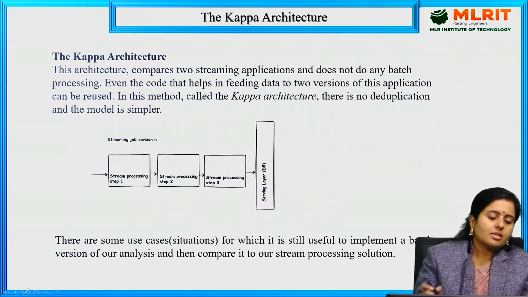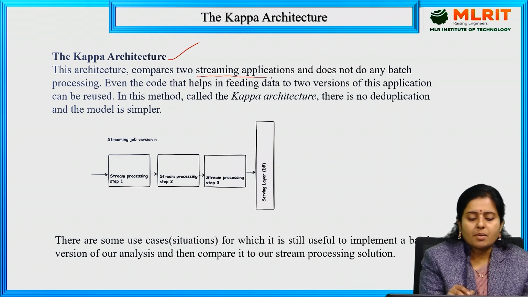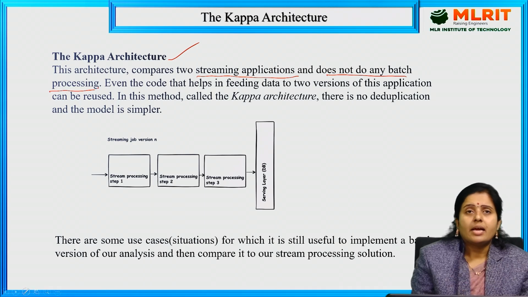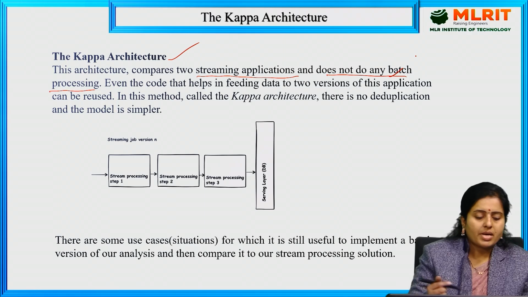Now we'll discuss the Kappa architecture. What is it? The Kappa architecture comprises two streaming applications and does not do any batch processing. As I told you in the previous slides, it is a combination of only streaming applications. In both, it follows streaming applications only. There is no batch processing involved in Kappa architecture.